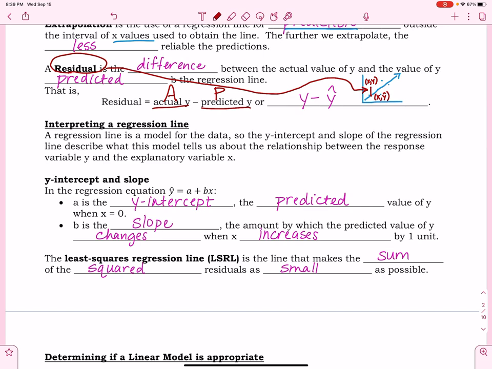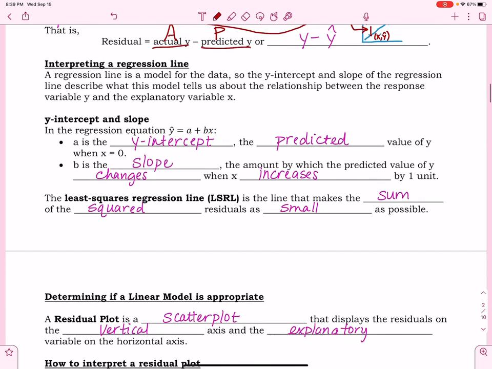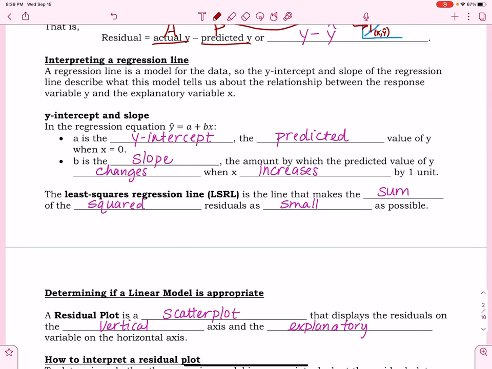Okay, so some other things we need to talk about here: interpreting our regression line. Since a regression line consists of a slope and a y-intercept, we are going to interpret a regression line based on your y-intercept and slope. Exactly how we're going to talk about this will get more specific in examples, but keep in mind that your y-intercept is always the value when x is 0.